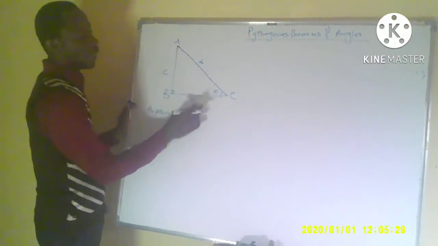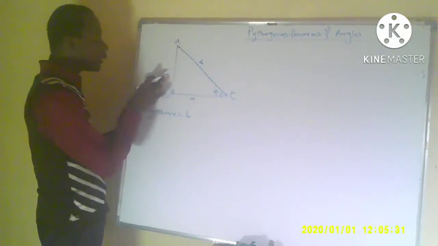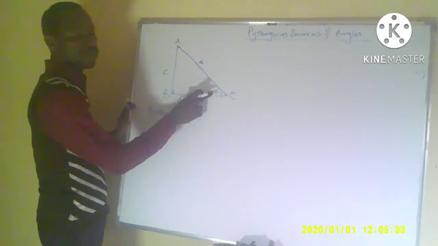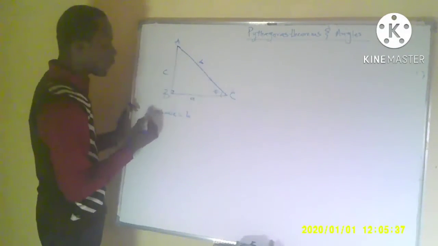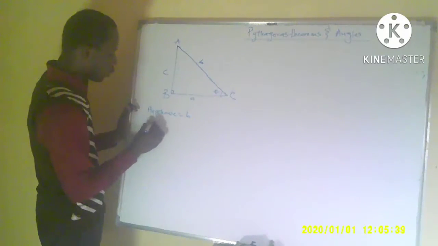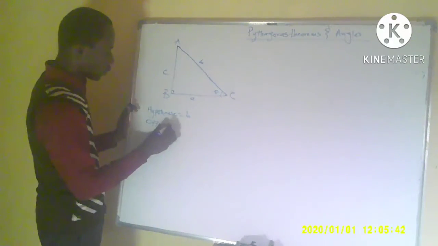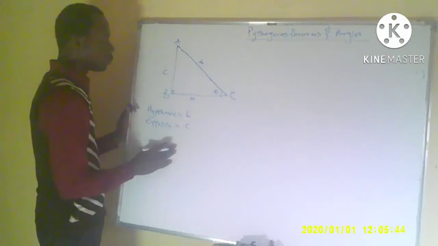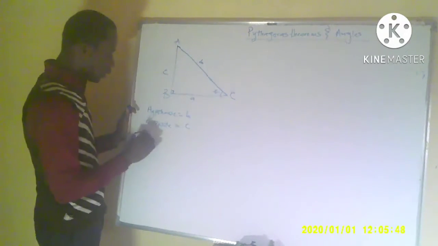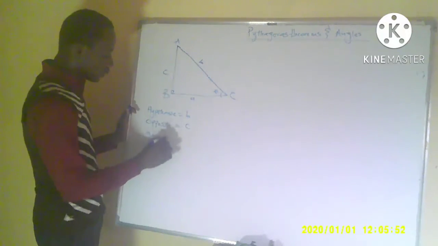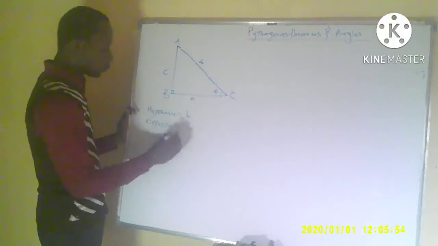If an angle is here, this side is facing this angle. The side facing the angle is referred to as the opposite. So let the opposite be equal to c. The third side of the triangle is referred to as the adjacent. The adjacent side is equal to a.